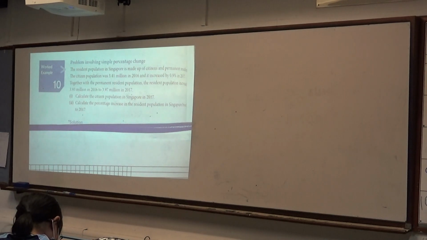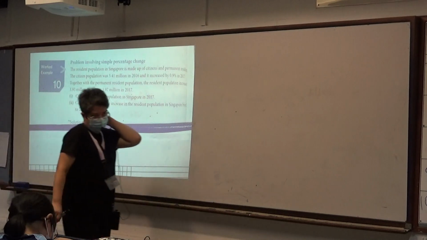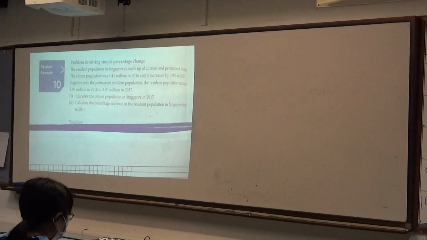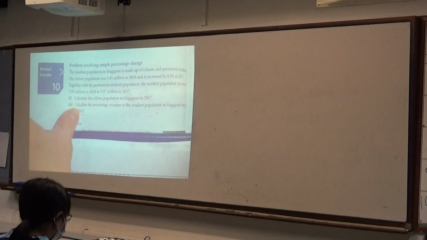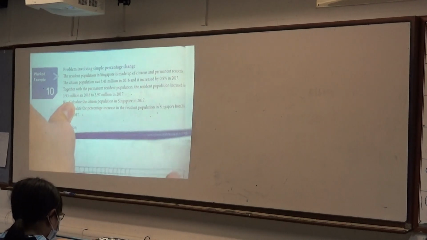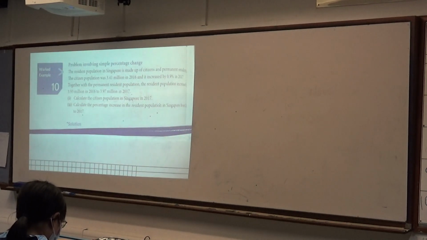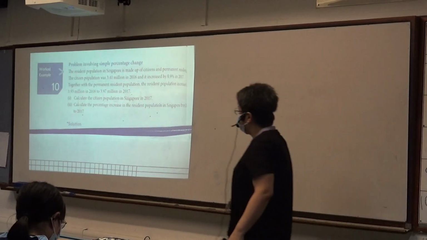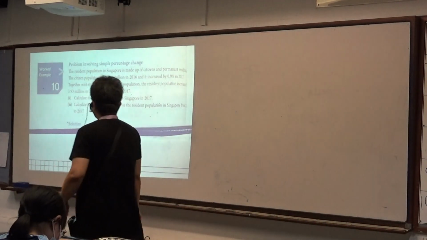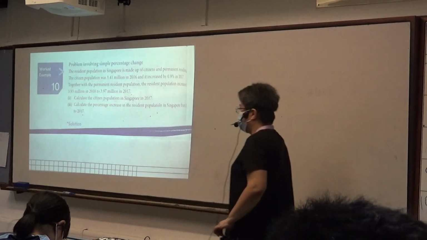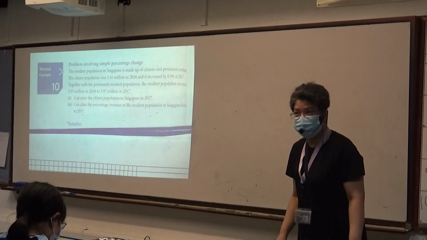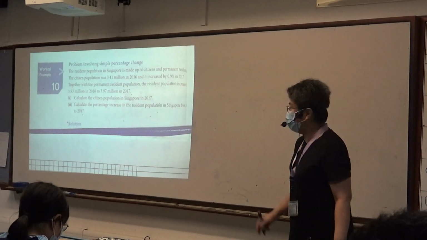Together with the permanent resident population, the resident population increased from 3.93 million to 3.97 million in 2017. Okay, so they ask you for these two questions. Understand? Can or cannot?